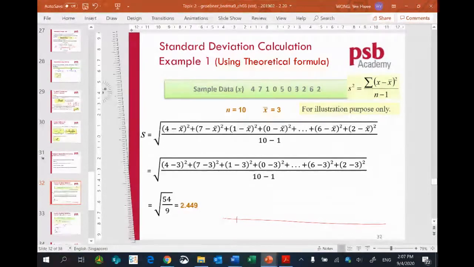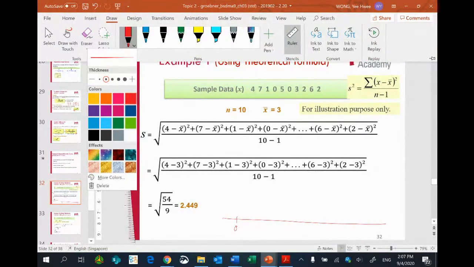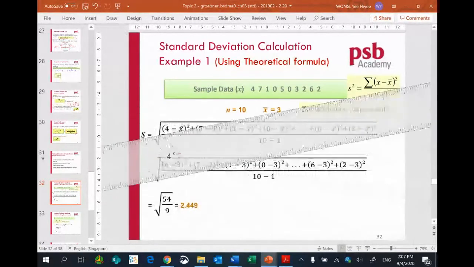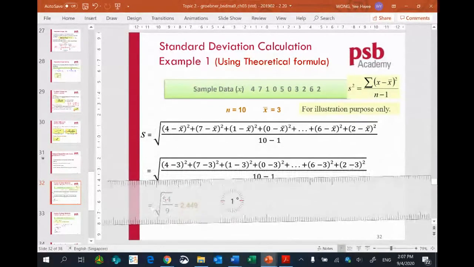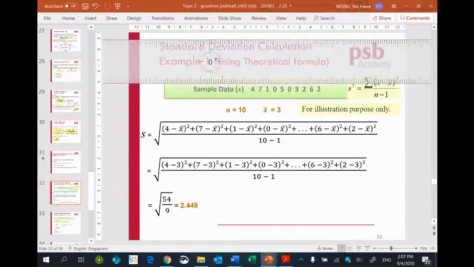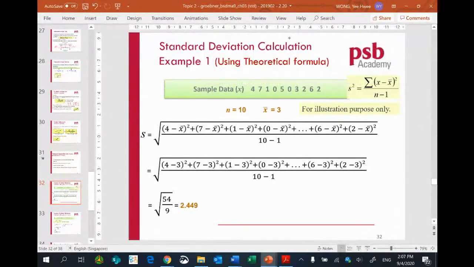The lines are too light, so I'm going to make them thicker. 0, 1, 2, 3, 4, 5, 6, 7. So the maximum is 7, the minimum is 0.